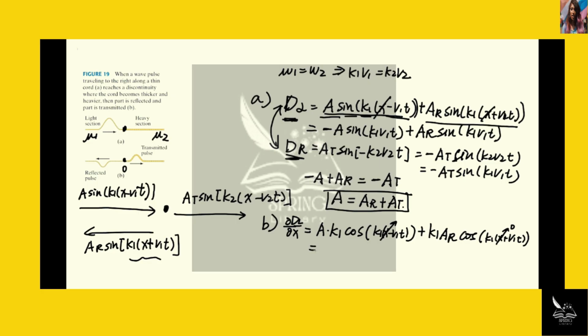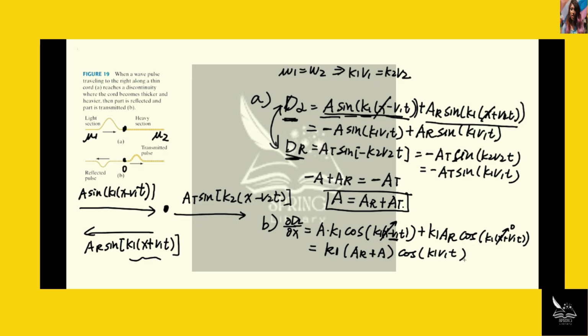So this is k1 times (A_R plus A) times cosine(k1 v1 t). It is plus because cosine is an even function, so cosine of negative k1 v1 t equals cosine(k1 v1 t).